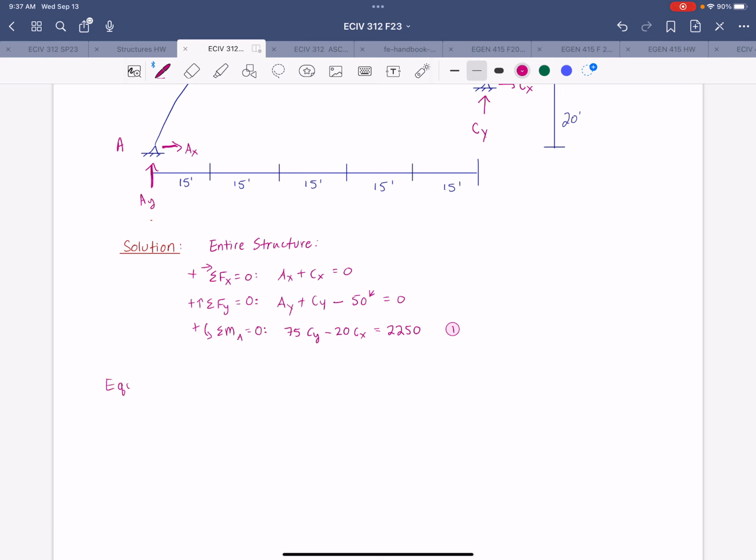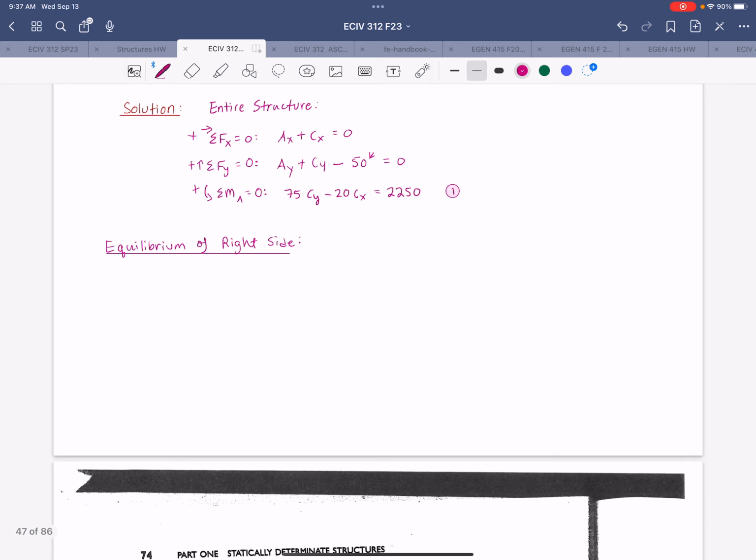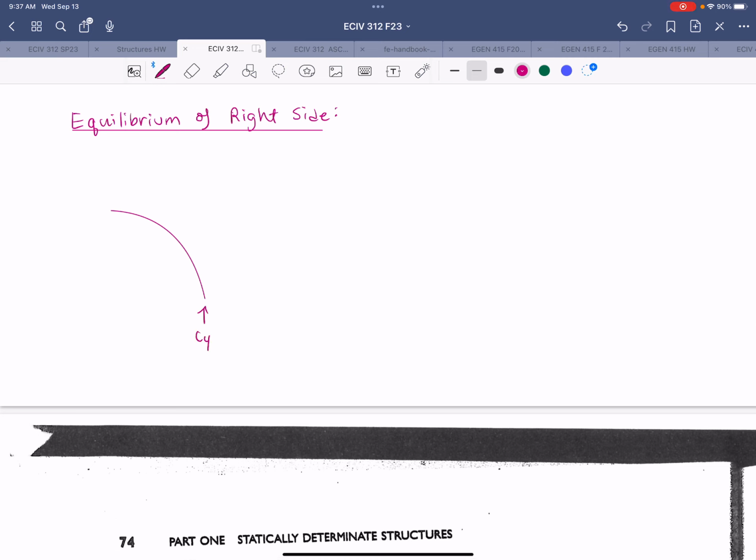So now I'll note equilibrium of the right side. And I'm just going to sketch a quick free body diagram. So we have Cy, Cx, and then we have a 20 kip load here and a 15 kip load at the hinge.